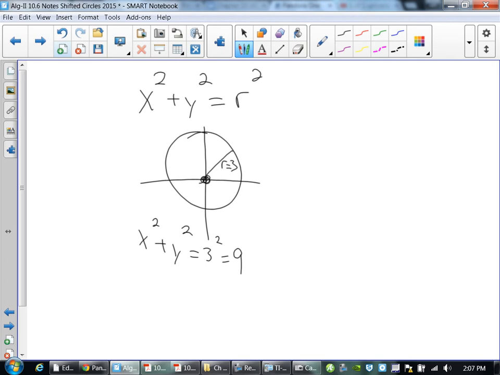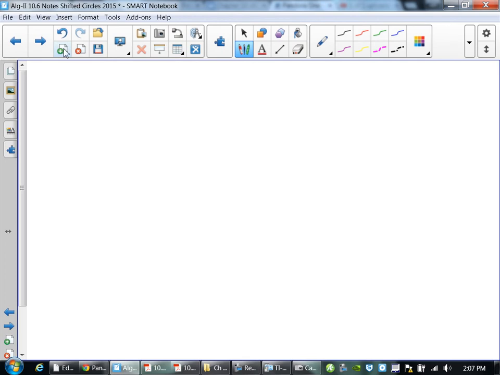The other part came in when you started to shift it. I know you guys all did this last year, in 10-7, if I'm not mistaken. The shifted version of a circle is x minus h, quantity squared, plus y minus k, quantity squared, is r squared.